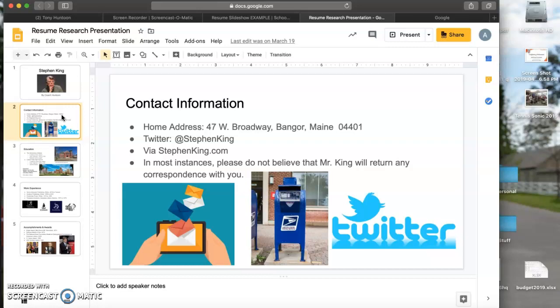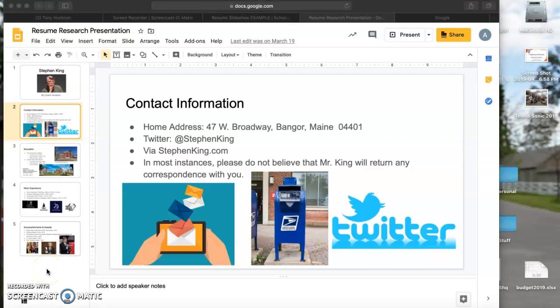Let's go ahead and look at that first bullet first off. That's basically me sending a physical hard copy letter to my person. I had to find an address somewhere. I got lucky because Stephen King's home address is very well known in Maine for whatever reason, who knows? But again, I got lucky.